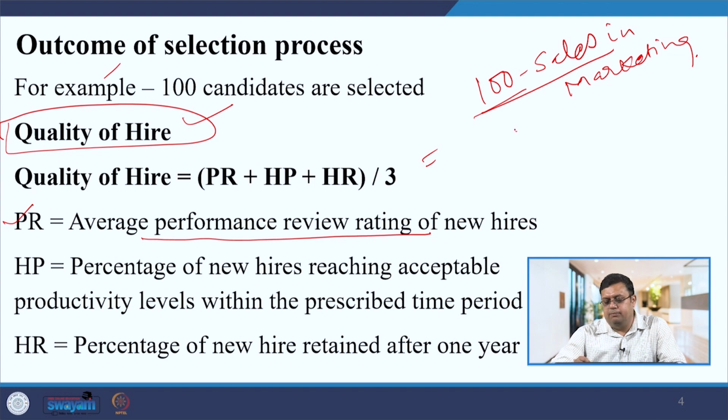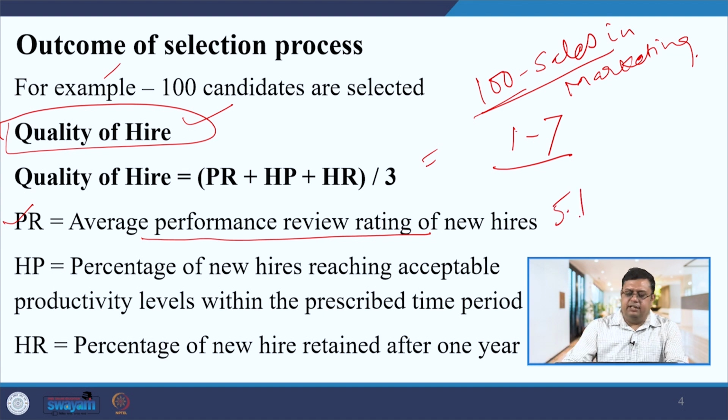Let us assume the performance is measured on a scale of 1 to 7, and somewhere close to 5, say 5.1, is the average performance rating of all 100 new sales hires. That is how you can calculate the first parameter for the quality of hire, the average performance rating.